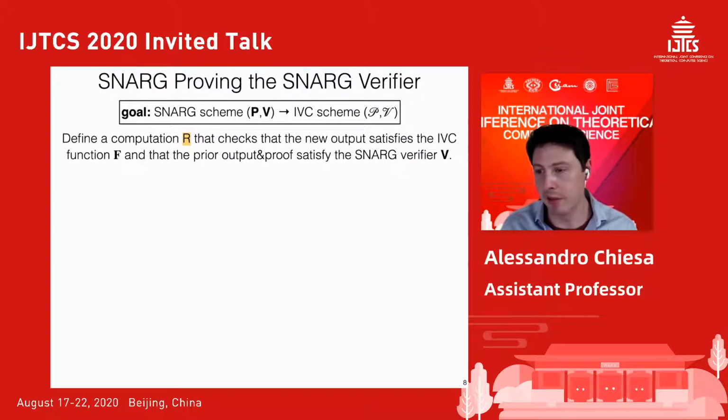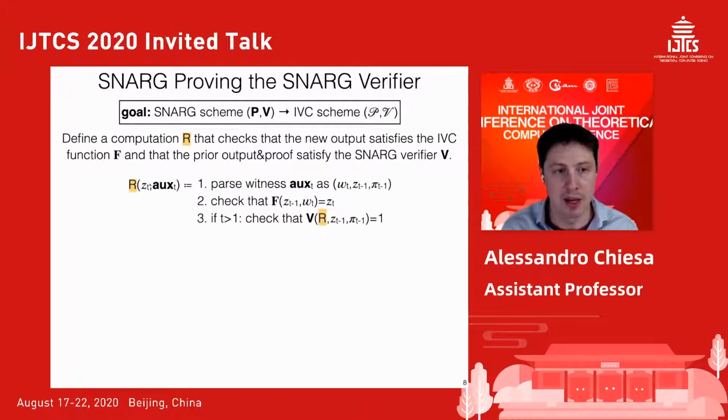The crux of the construction for this step is to define, let's call it, a recursive computation, R, okay? R stands for recursive, that checks that a new output satisfies the IVC function f, the state transition, and the prior output and proof satisfy the snark verifier.